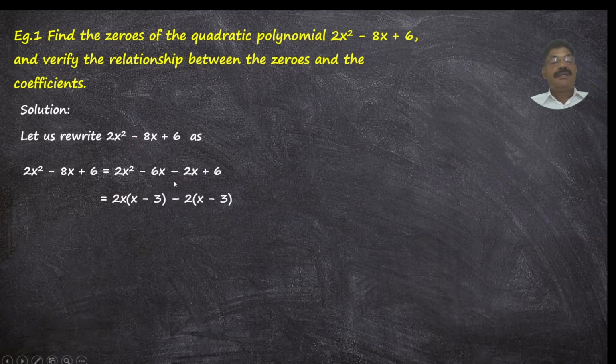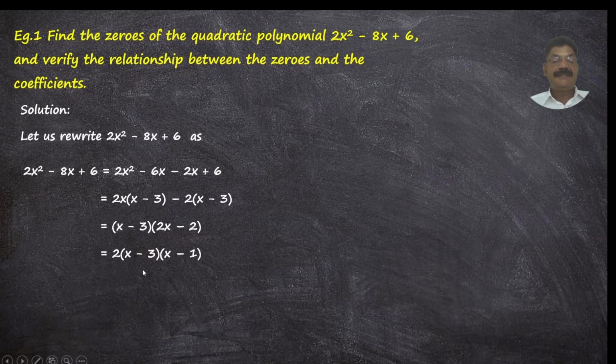Now, in the first two terms, 2x is common. You take it outside: 2x into x minus 3. Here, minus 2 is common. Take it outside: so, minus 2 into x minus 3. Now, x minus 3 is common in both the terms. So, you can write it as x minus 3 into 2x minus 2. Here, 2 is common. Again, you take 2 outside.